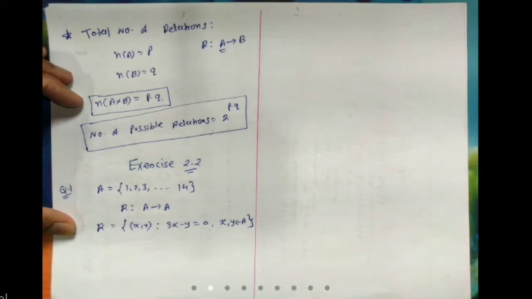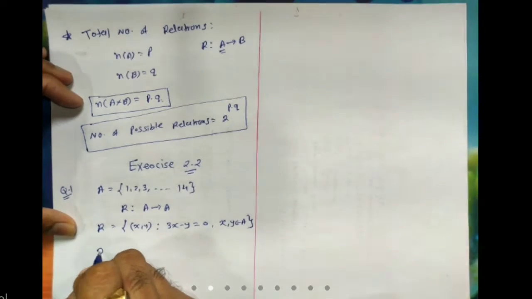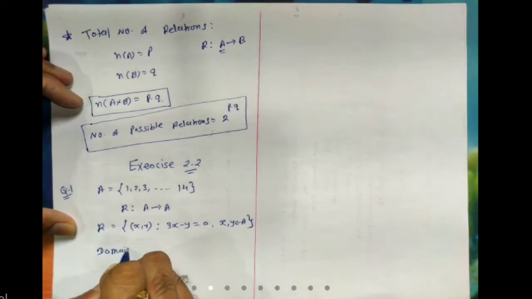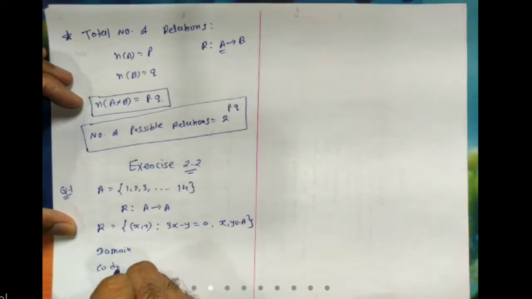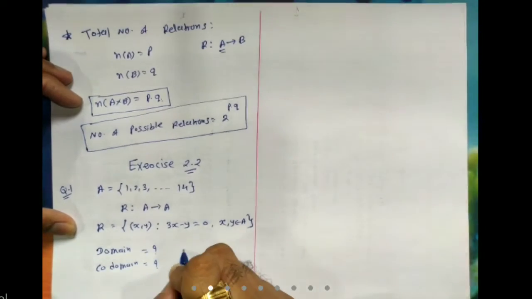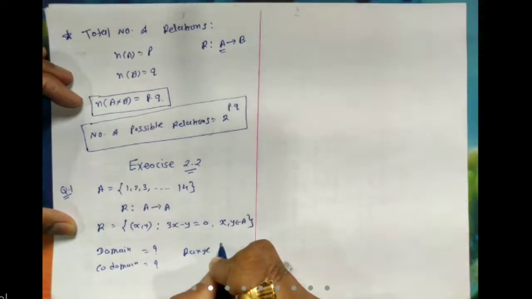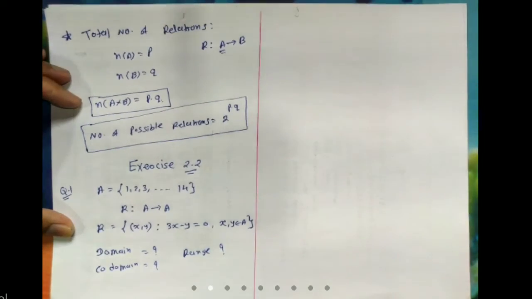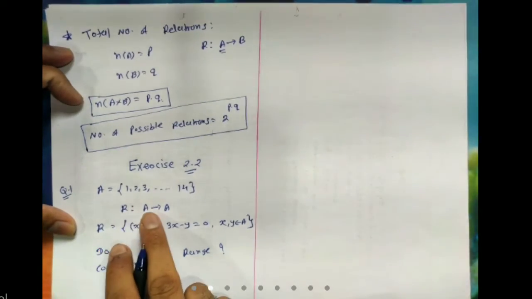For this, you have to write the domain, codomain, and range. So this is your given data. Clear?